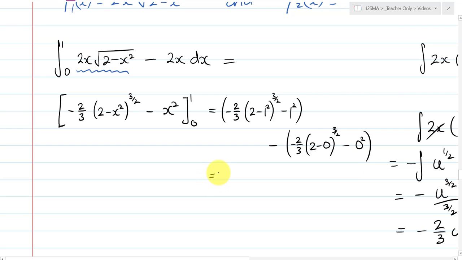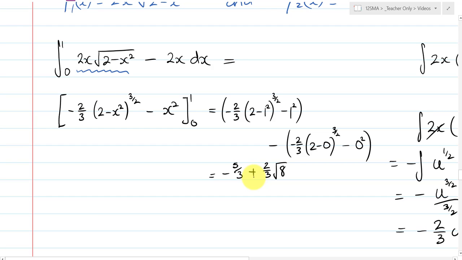And I could just put this straight into my calculator now, but I can see that up here this is negative 2/3 times 1 to the power of 3 over 2, which is just 1, so negative 2/3 minus 1, which is negative 5/3. Down here I get minus a negative, which becomes 2/3 times the square root of 8, oh sorry, that shouldn't be a minus, that should be a plus.